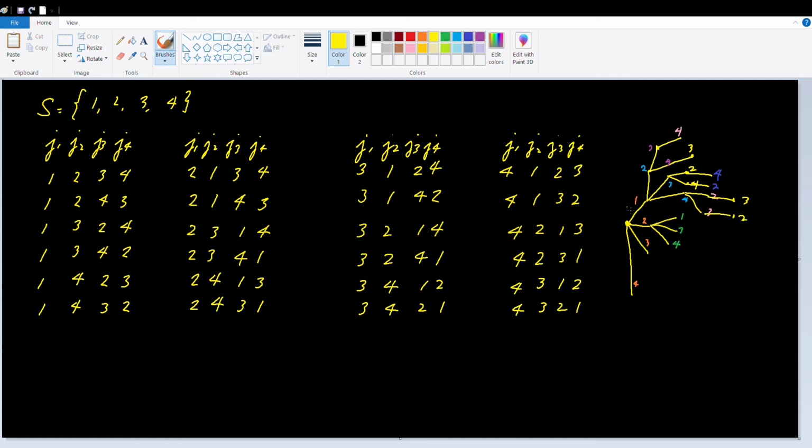So for this main branch 1, how many do we have? 1, 2, 3, 4, 5, and 6. That is for the main branch 1 alone. There are 6. And we do that for the other 3 branches, 2, 3, 4. So if there are 6 sub-branches for 1, and there are 4 main branches, that will be 4 times 6 equal to 24 permutations.